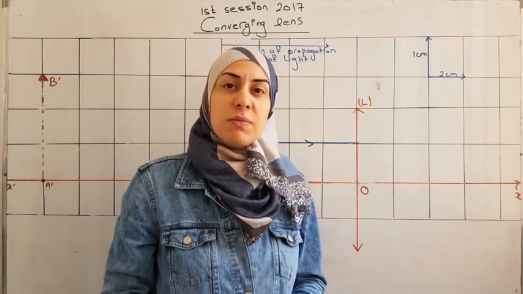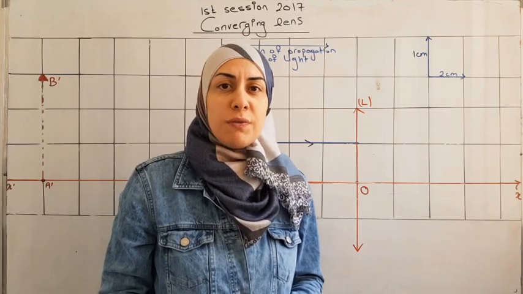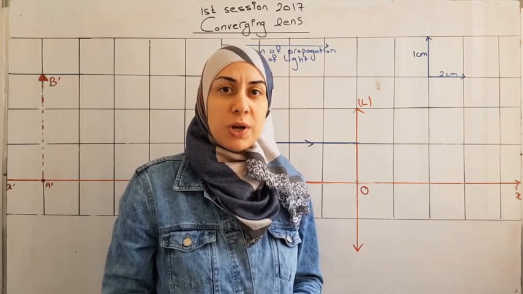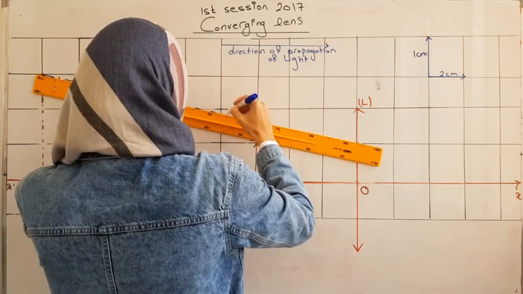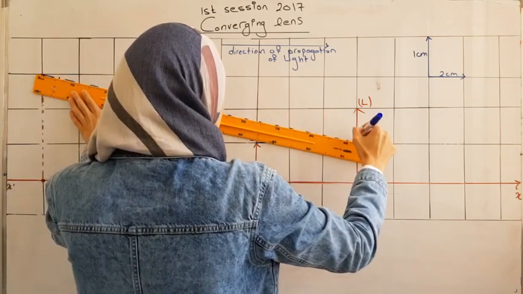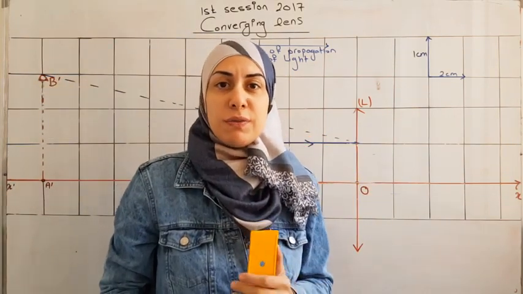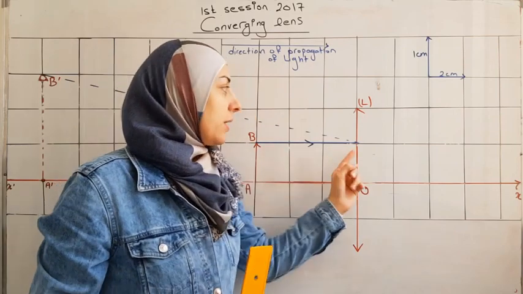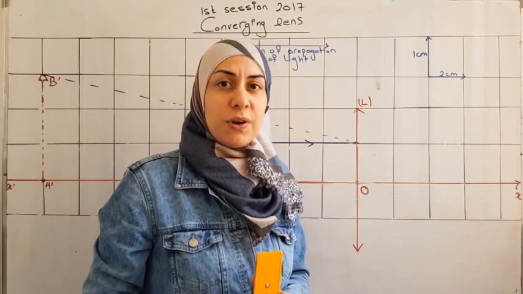Any ray of light that comes from the object point B emerges from the lens as if coming from the virtual image B prime. We draw the line here dotted because there is no ray of light here. This is the ray of light and it doesn't go backwards. It just seems to come from B prime.